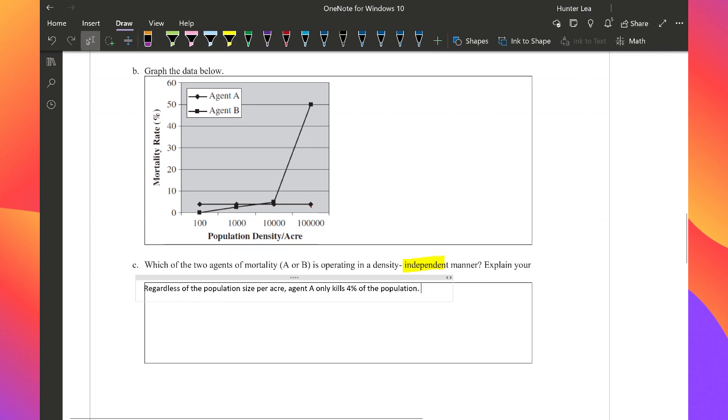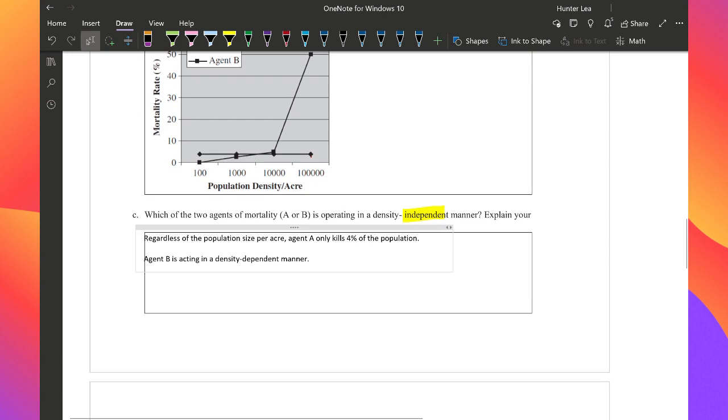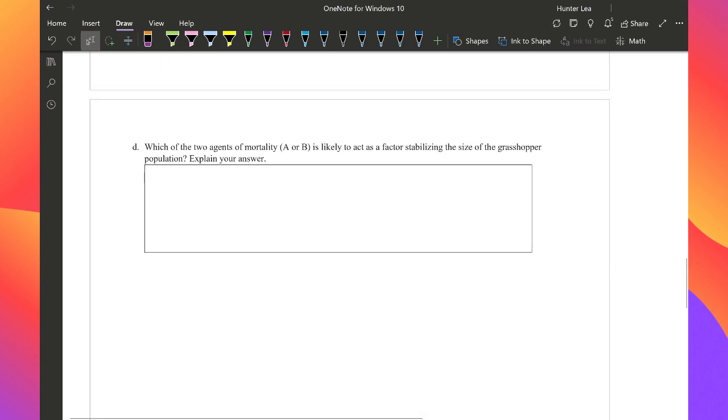Agent B, by contrast, is acting in a density-dependent manner, because as the density changes, the percentage of individuals killed by Agent B also changes. And in this example, as the density of grasshoppers increases, the percentage of grasshoppers killed per acre also increases.